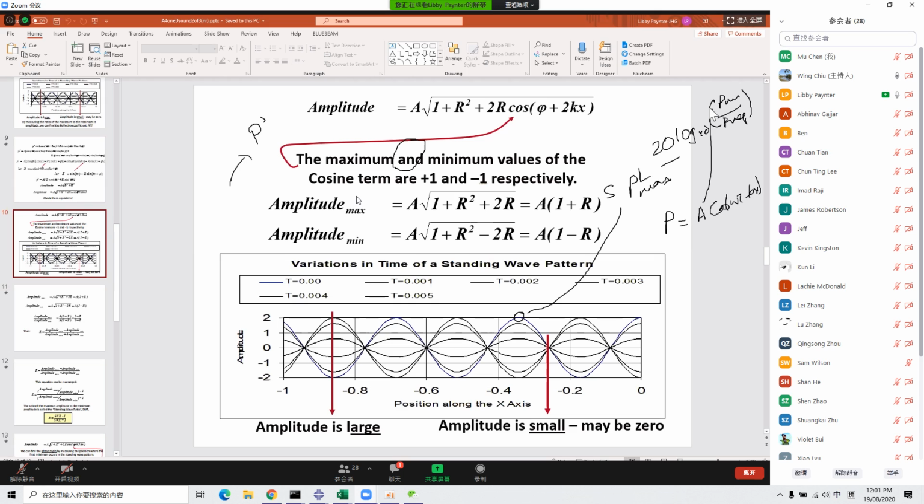The RMS value must be equal to A over root 2. So this A is that A. Okay, that makes sense. Thank you. All right, good.